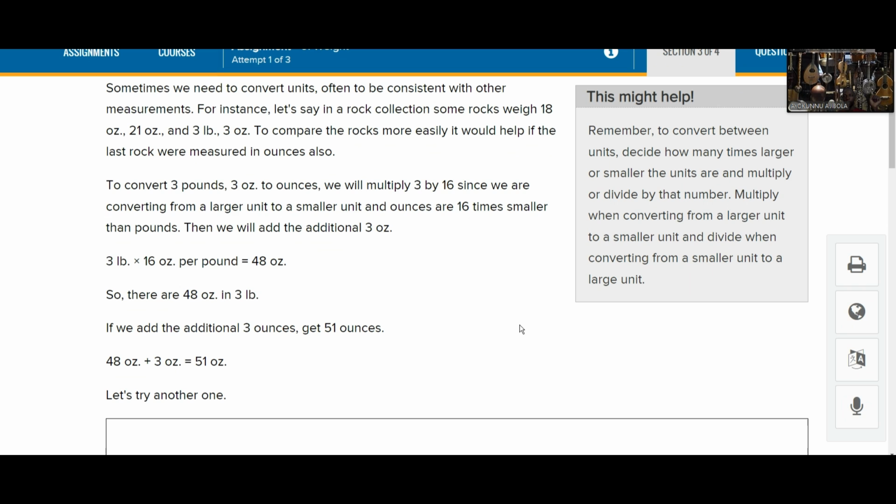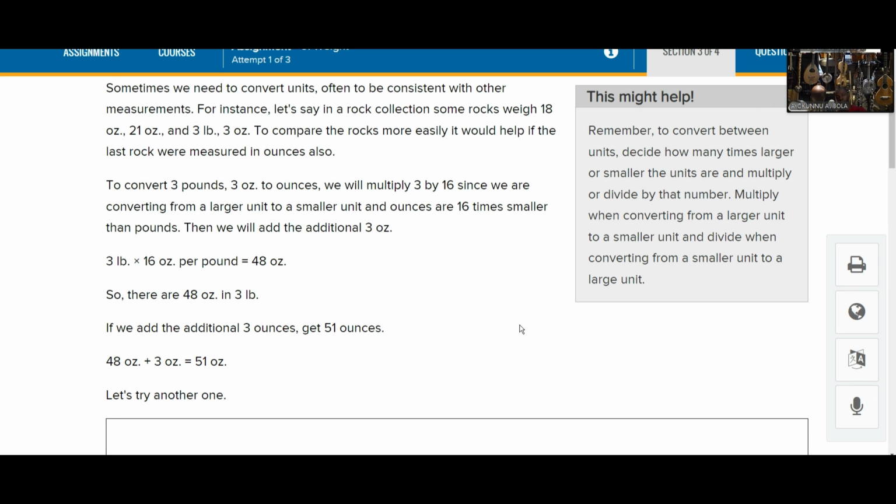So to convert 3 pounds 3 ounces to ounces, we will multiply 3 by 16 since we're converting from a larger unit to a smaller unit. So let's remember that pounds times 16 is going to give us the ounces, okay?